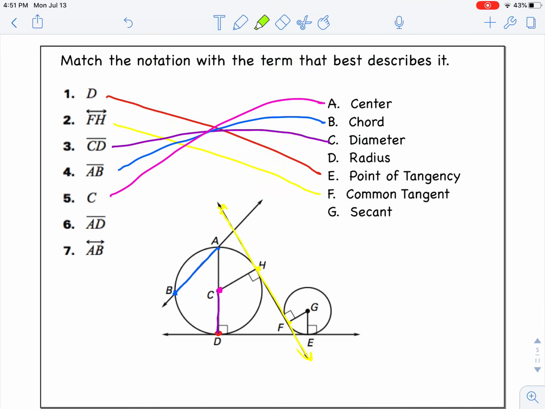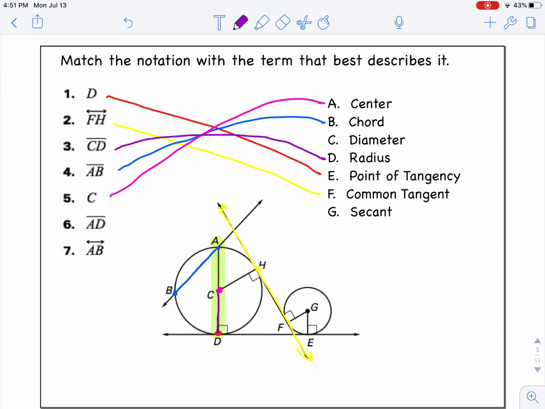Segment AD right here. So if we go, I'll use a highlight option here. So if we do AD, that particular segment, that is a diameter. Segment CD was supposed to be going over here. Sorry about that.